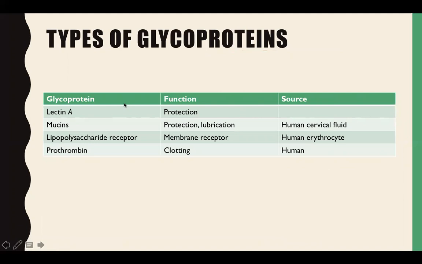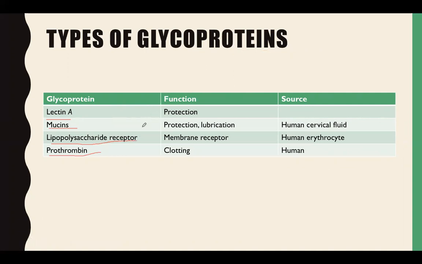Types of glycoproteins. There are multiple types of glycoproteins, but these are the ones I found: lectin, mucin, lipopolysaccharide receptor, and thrombin.